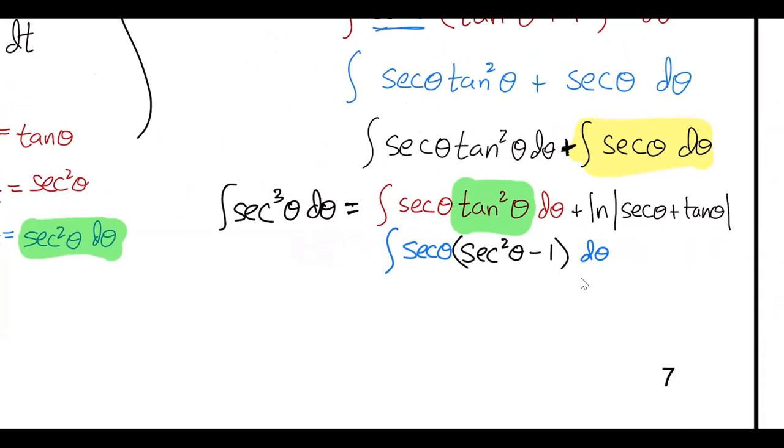If I were to distribute the secant to each term on the inside, what I would end up with is something that is fact-based, but it's not going to be overly helpful. If I distribute it, I'm going to get secant cubed minus secant. But then I have a secant cubed on the other side, so those will cancel out. The one thing I was looking for is what's going to cancel out, so that'd be a problem.